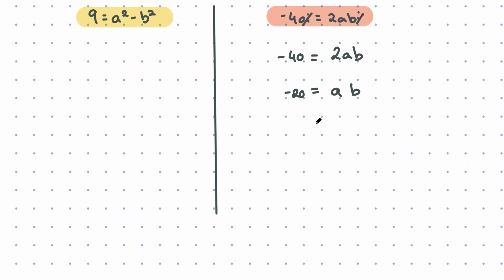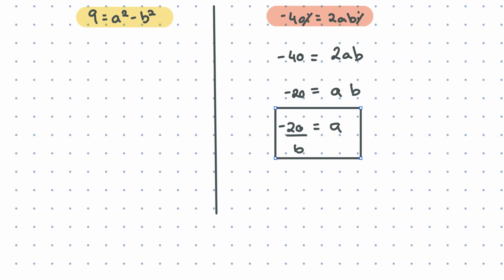Then let me substitute in for a. I'm going to say a is equal to minus 20 all over b. It doesn't matter which one you rearrange it to be. I like to choose a because when I sub it in, I don't have to worry about squaring it and then changing the sign. That makes it a little bit easier if it's going in here where it's positive.